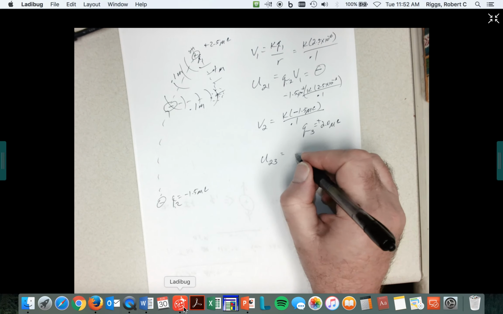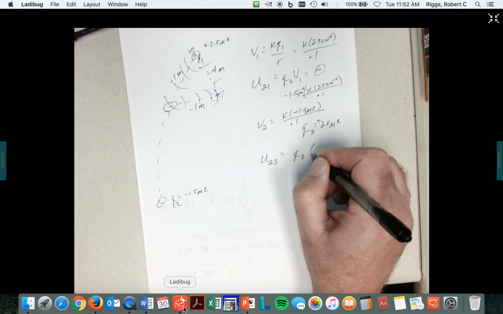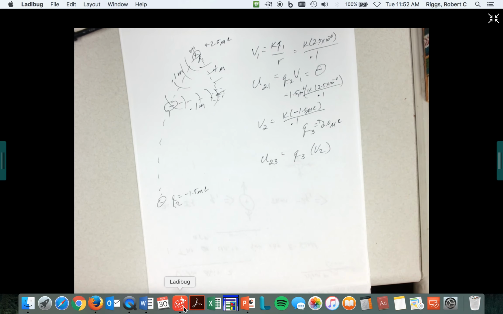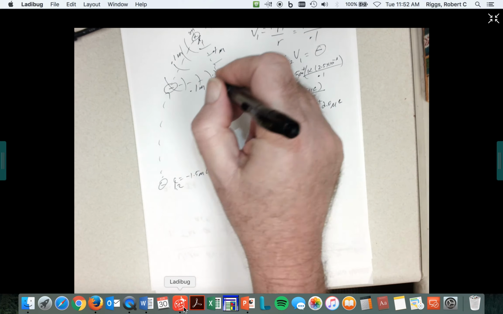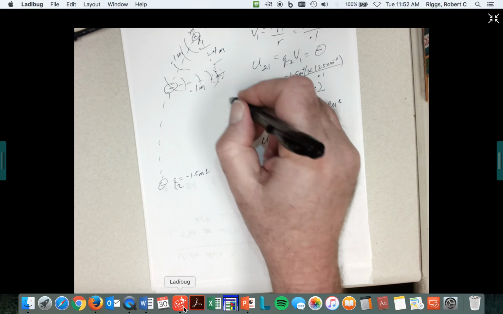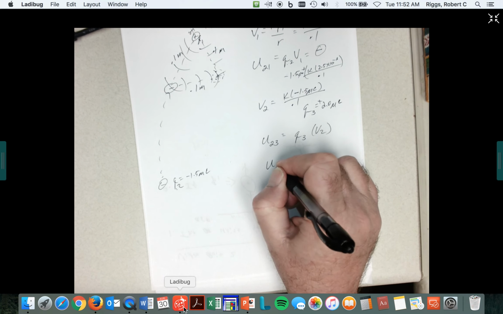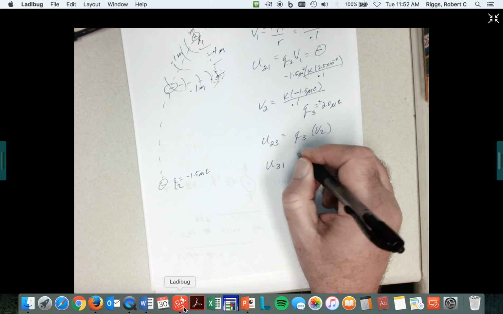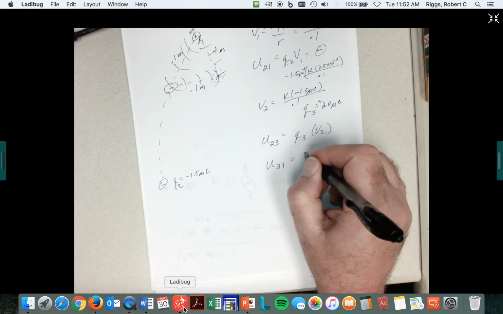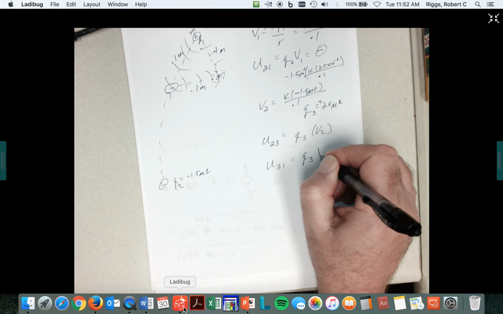So U23 would be Q3 times V2, whatever we calculated there. And then, last but not least, 3 and 1. 3 with 1 would be Q3 times V1.